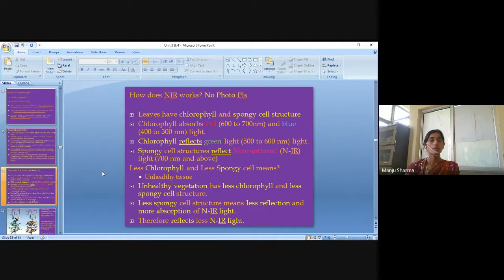The spongy cell structure reflects near infrared light, that is 700 nanometer and above. Less chlorophyll and less spongy cell structure means unhealthy tissue. Unhealthy vegetation has less chlorophyll and less spongy cell structure.